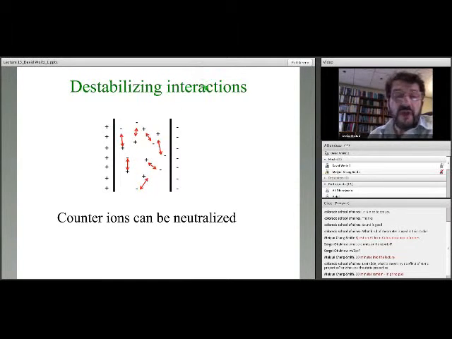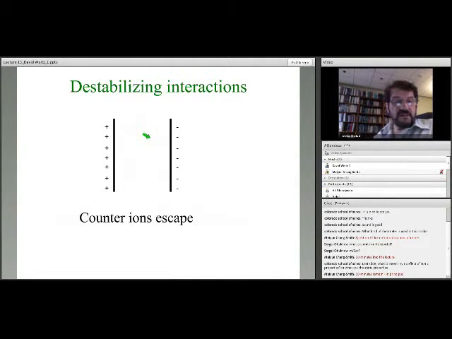And that means that the ions that lead to this disjoining pressure are screened and no longer trapped there, and so the disjoining pressure decreases, and as a result, the stabilizing effect of the negative interaction is lost. And so they escape, and the particles and the surfaces come together and can stick together.